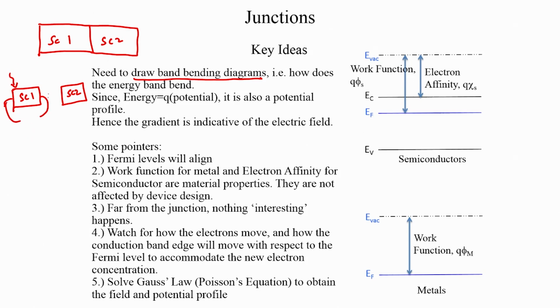We have studied all this in equilibrium and non-equilibrium, but now we want to see what happens when you bring these two semiconductors in contact with each other. This is called the junction between the two semiconductors, and we want to see what the physics is in and around the junction.